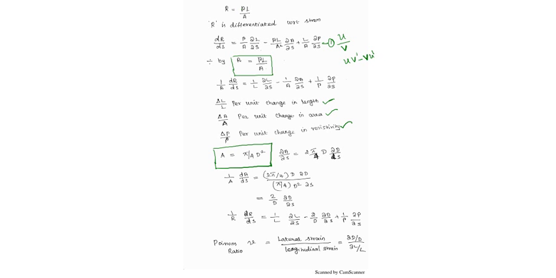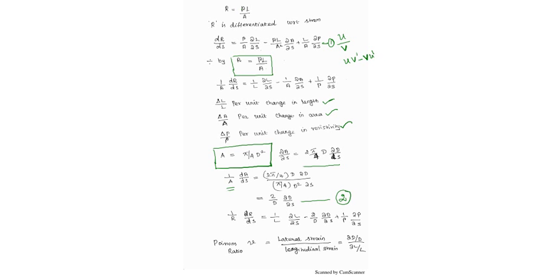Already you have the value of A, pi by 4 into d square, and ∂A by ∂S is 2 into pi by 4 d into ∂D by ∂S. Simplifying and substituting those values, we will have 2 by d into ∂D by ∂S. I take this as expression 2.